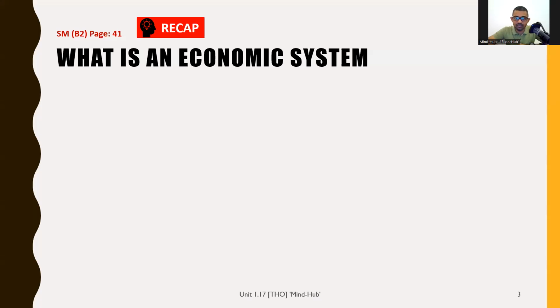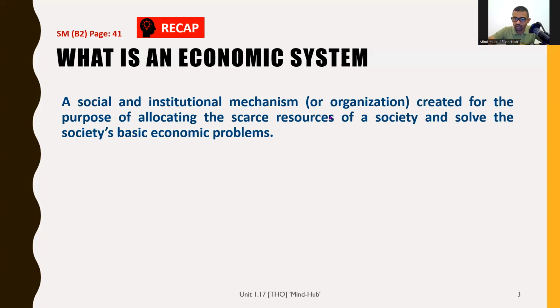So with this, I will go into the slides, right? We defined an economic system by saying it is a social and institutional mechanism or organization, we can say arrangement, instead of the word mechanism, created for the purpose of allocating our scarce resources and solving our basic economic problems.